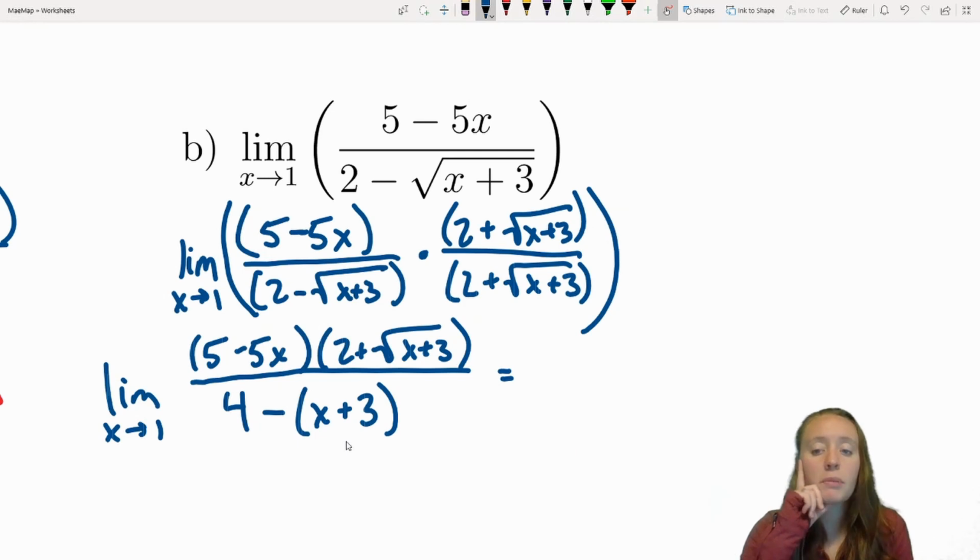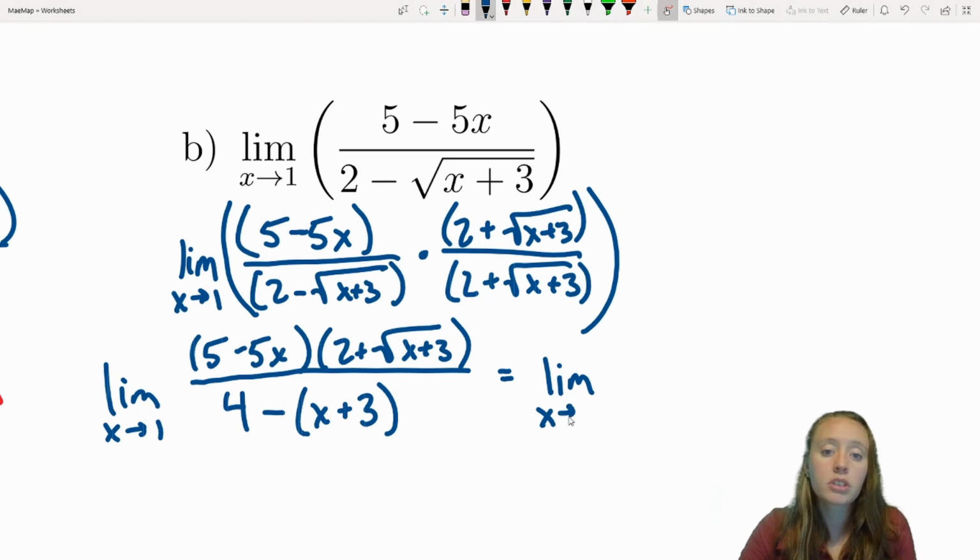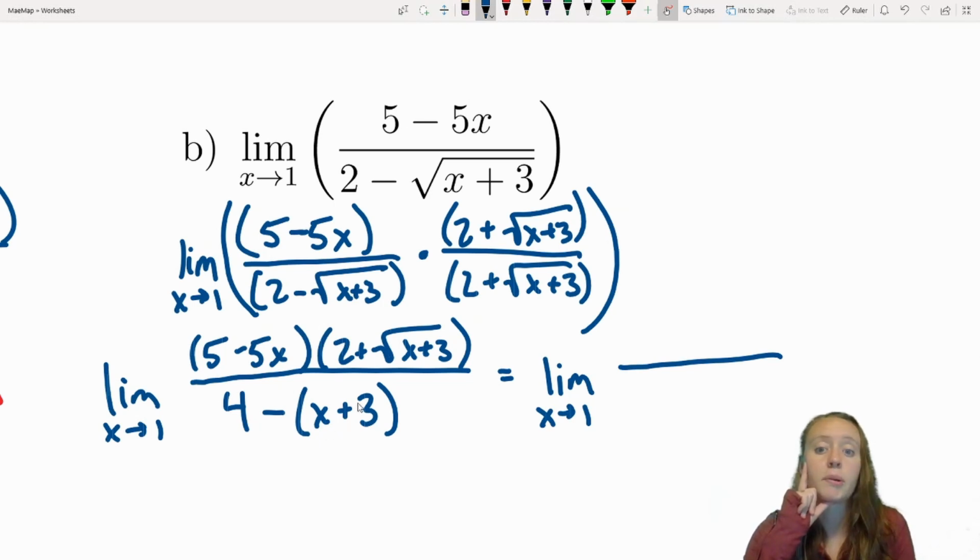So I think this is going to be the case where I'm going to try to simplify both my numerator and denominator to try to get those factors I can cancel out. So I'm going to have the limit as x approaches 1 of, well, if I was to simplify my denominator down, 4 minus x, and then if I distributed that negative, minus 3, is going to leave me with 1 minus x. Now, does that occur anywhere in my numerator?